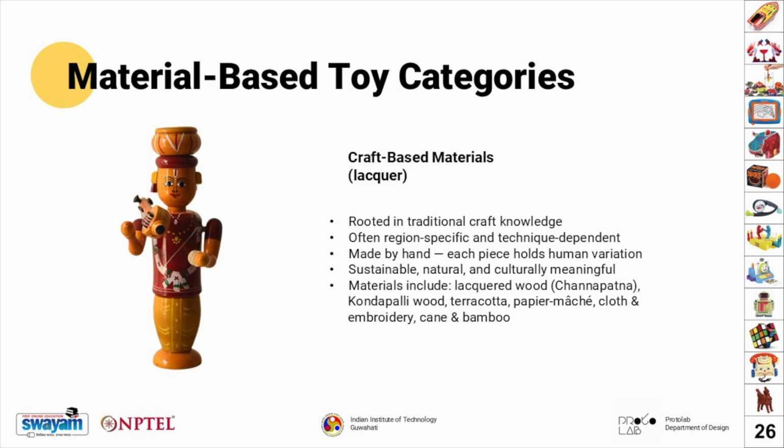These materials are not just substances, they represent craft clusters, families of artisans, and generations of skills. For example, Channapatna is known for lacquer wooden toys made using a centuries old turning technique.